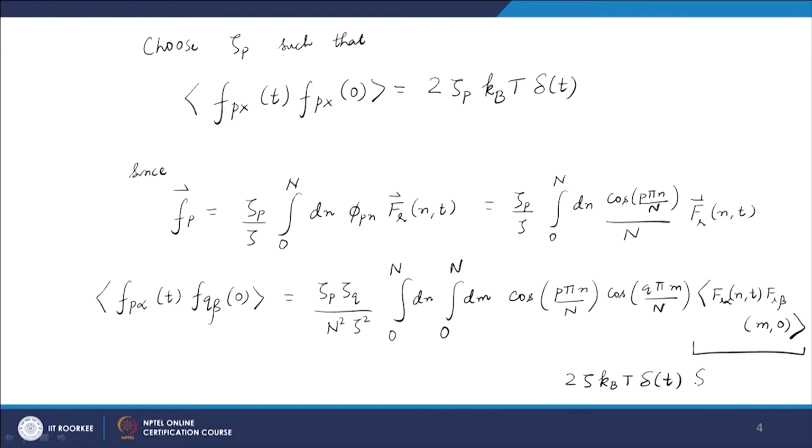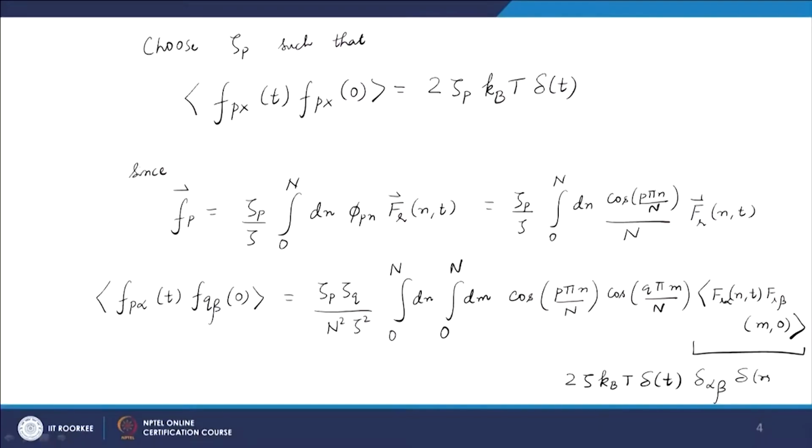and then we should have a delta of alpha beta, the Kronecker delta, because if it is a different direction, then the random forces are uncorrelated. Only when they are in the same direction the forces are correlated. And then we also have a delta of n minus m, because at different points along the contour, as long as the distance is not 0, the f_r values are uncorrelated.